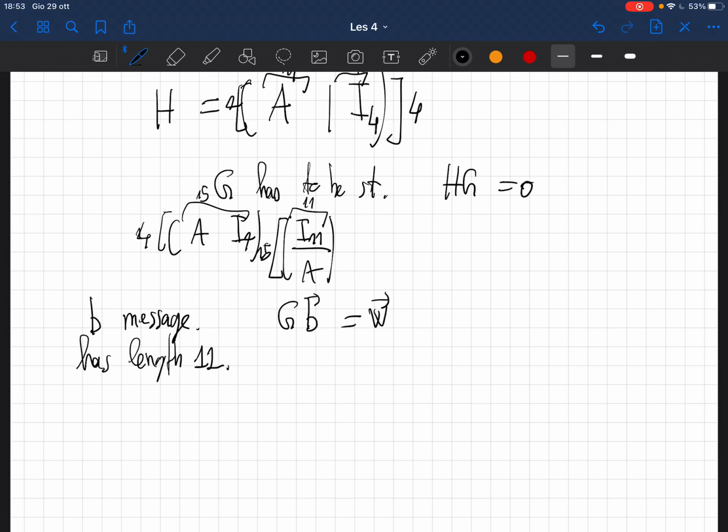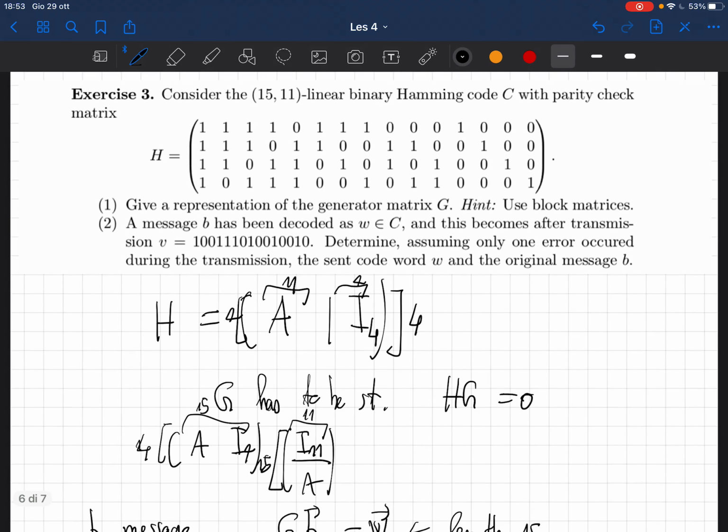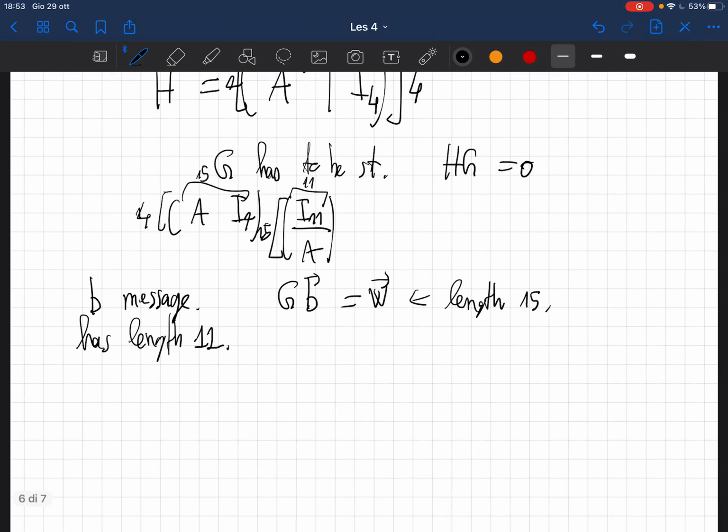And it's encoded, and now it has length 15. But the point is, if the transmission is correct, then you do HGB and you get 0. But in this case, we know that it's not correct.